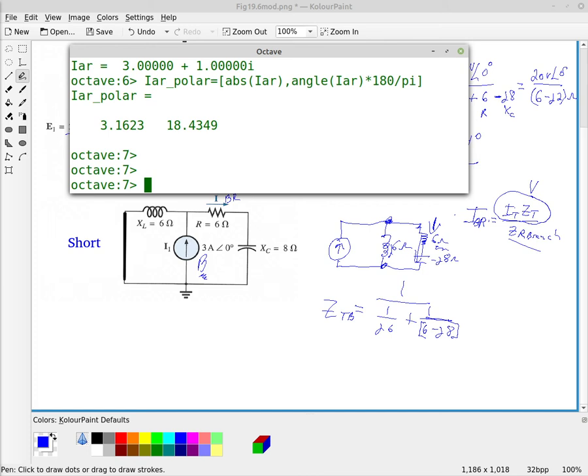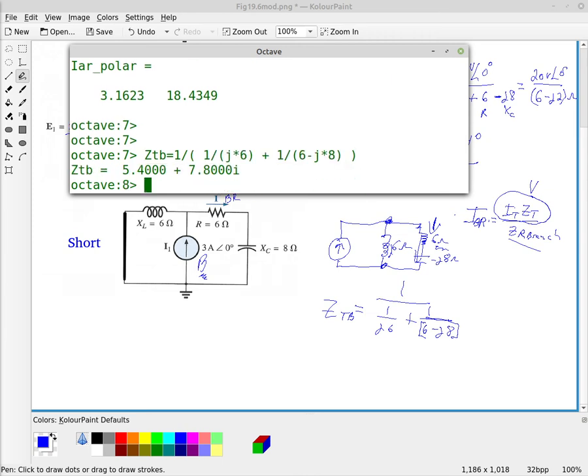Z total B, due to my B source, is going to be 1 divided by parentheses 1 over parentheses J times 6 plus 1 over parentheses 6 minus J times 8, and then I close that other parentheses. So you need to make sure that you have the parentheses correct.